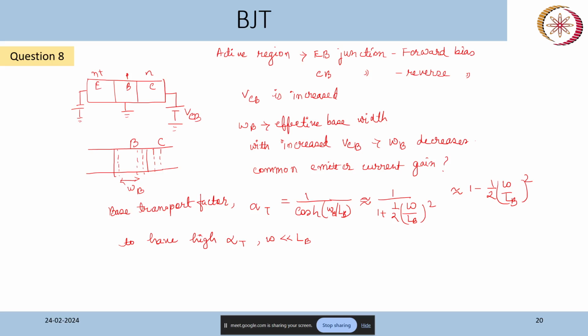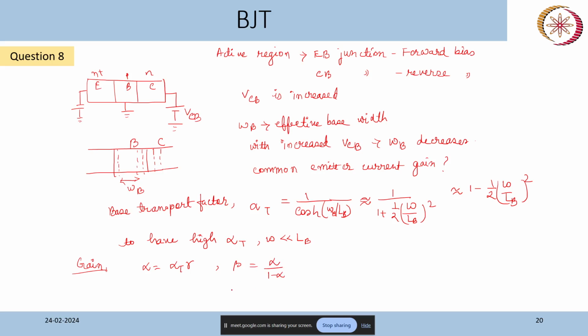Now how is gain affected? We can correlate this WB of the base with the reverse bias voltage. So that is the question. Gain: alpha is equal to alpha T times gamma, and beta is equal to alpha by 1 minus alpha.